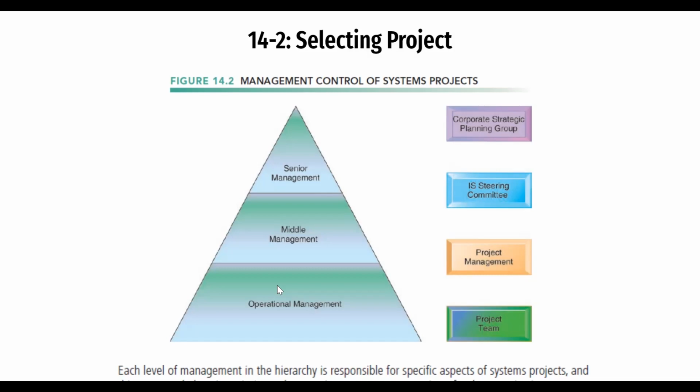They seek to coordinate and integrate systems, and then they become involved in selecting specific information system projects. So this group is also aware of the key performance indicators decided on by the higher level managers and the board of directors.